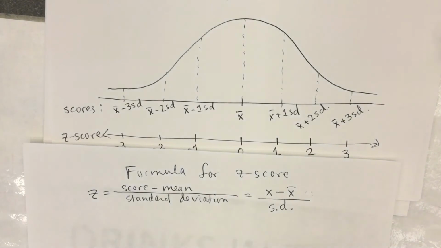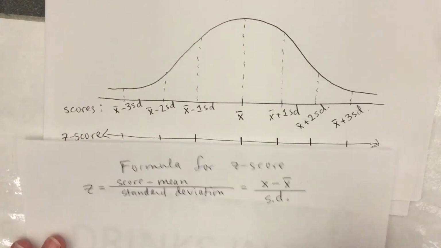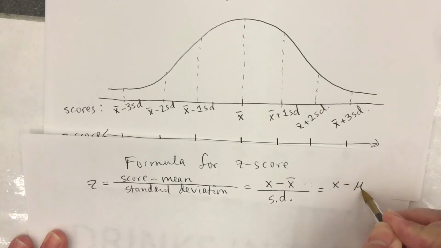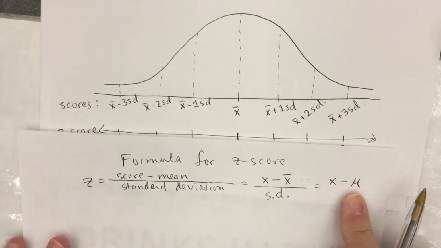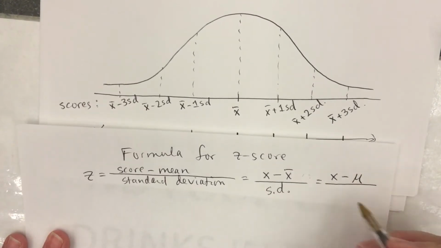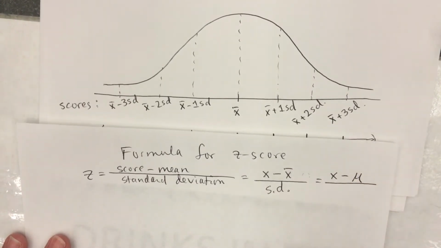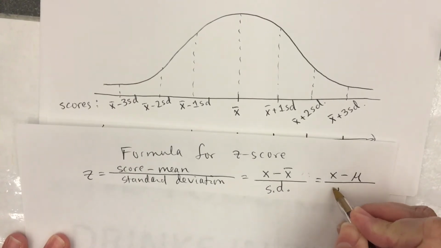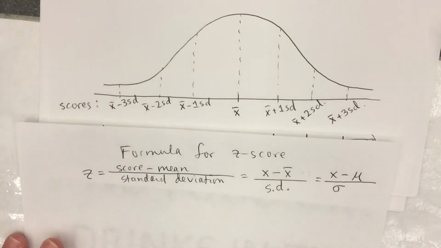I might have mentioned last time, there's another symbol for the mean. It looks like a script U, x minus script U, divided by the standard deviation. There's another symbol for standard deviation. It looks like a little sideways 6.